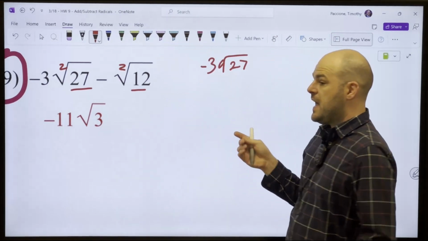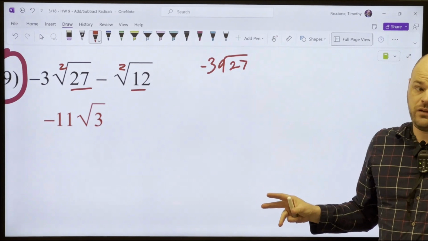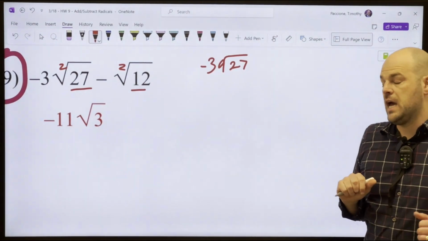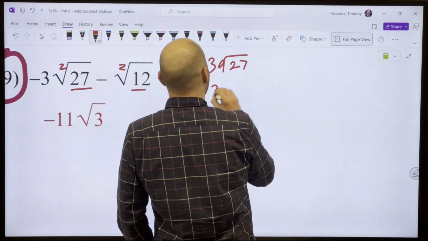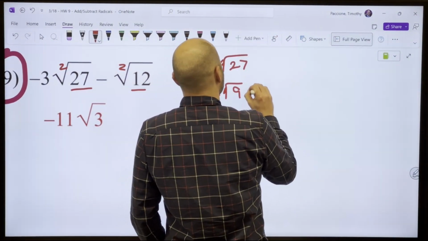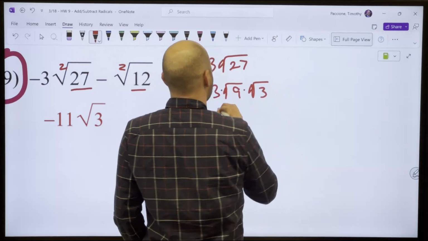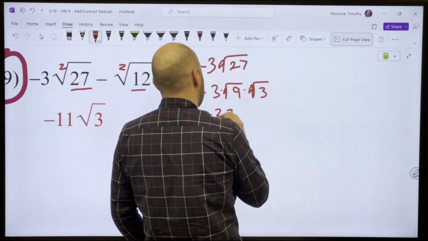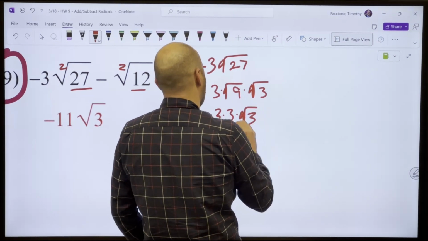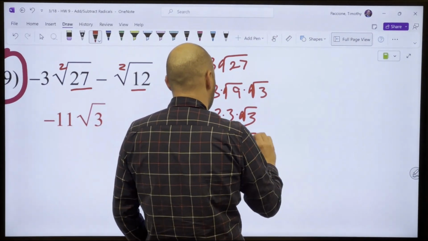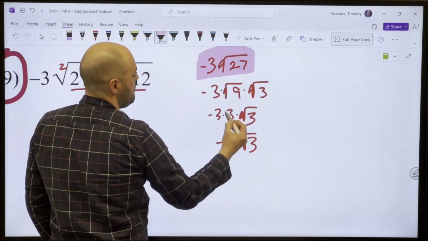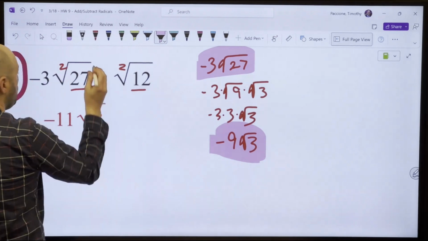You could factor that, or you could try to find a perfect square inside of it. Perfect square inside of 27 would be 9, right? So this is minus 3 square root of 9 square root of 3. And square root of 9 is 3, so that's minus 3 times square root of 3, or minus 9 square root of 3. So this becomes this, and you can replace it.